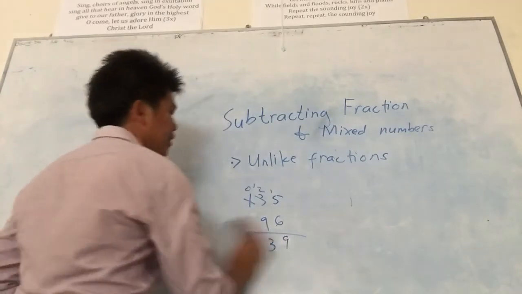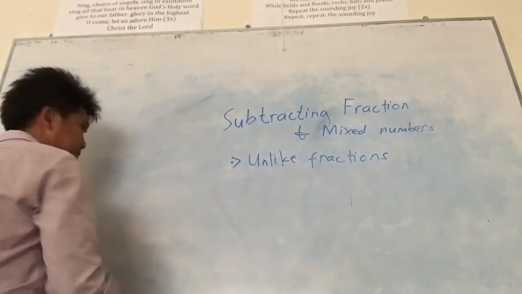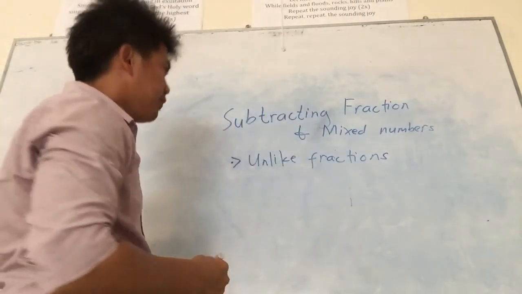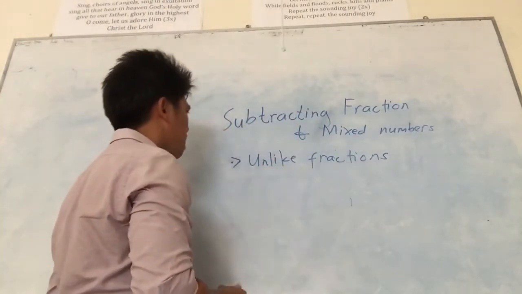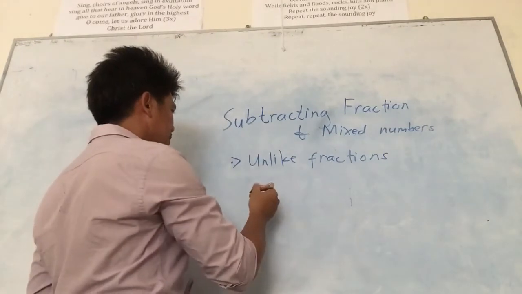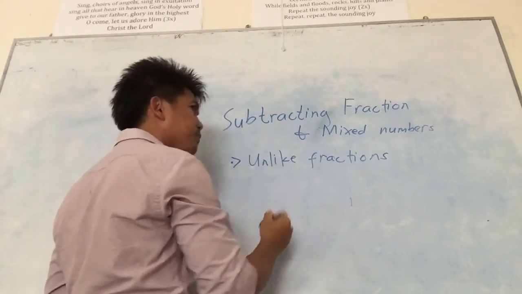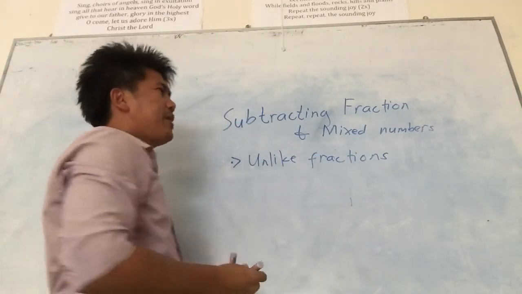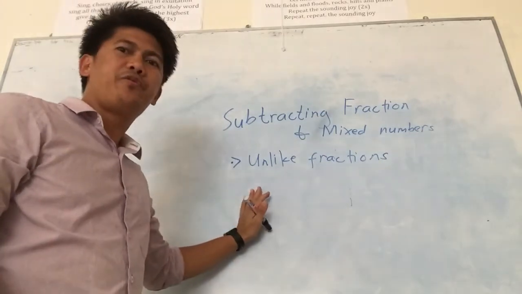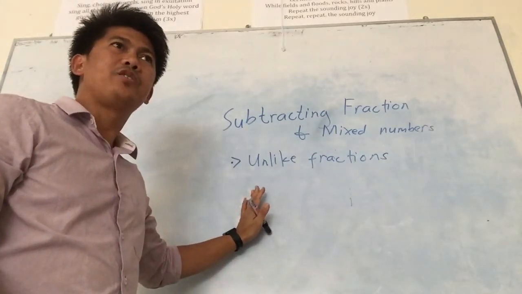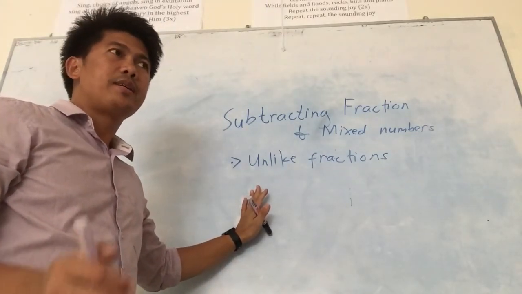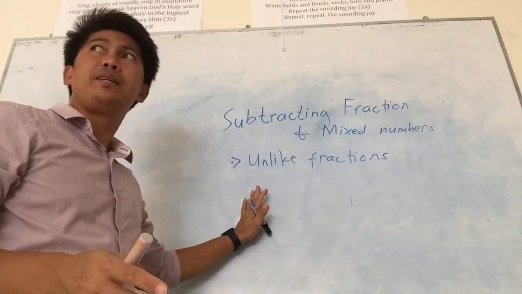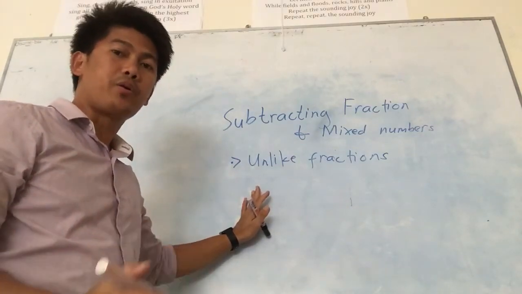Alright? So, now, for fraction. Okay? For fraction. By the way, you cannot borrow if it's just a fraction. So, it needs to be in a mixed number so that you can borrow.